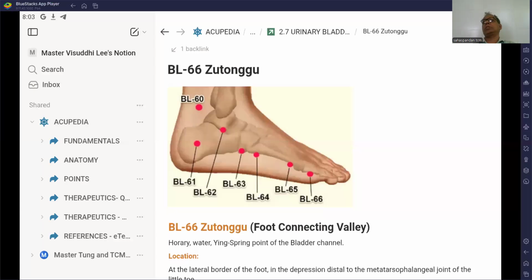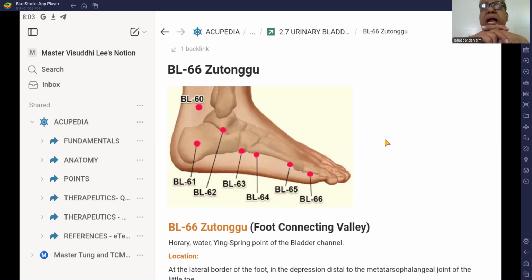So let us see the location of Bladder 66. What is Bladder 66? This is the horary point of the bladder meridian. Friends, do you know what the horary point is? Horary point means it is the same element point.